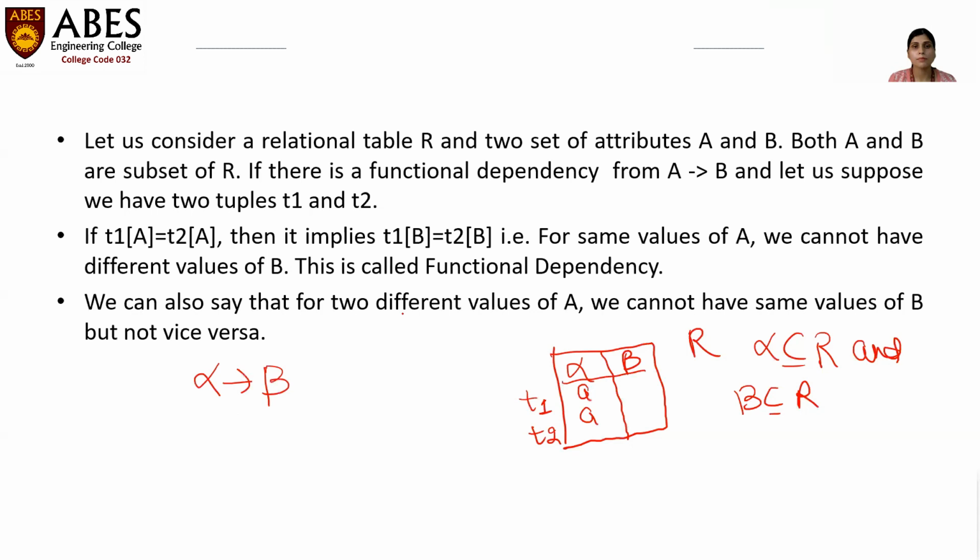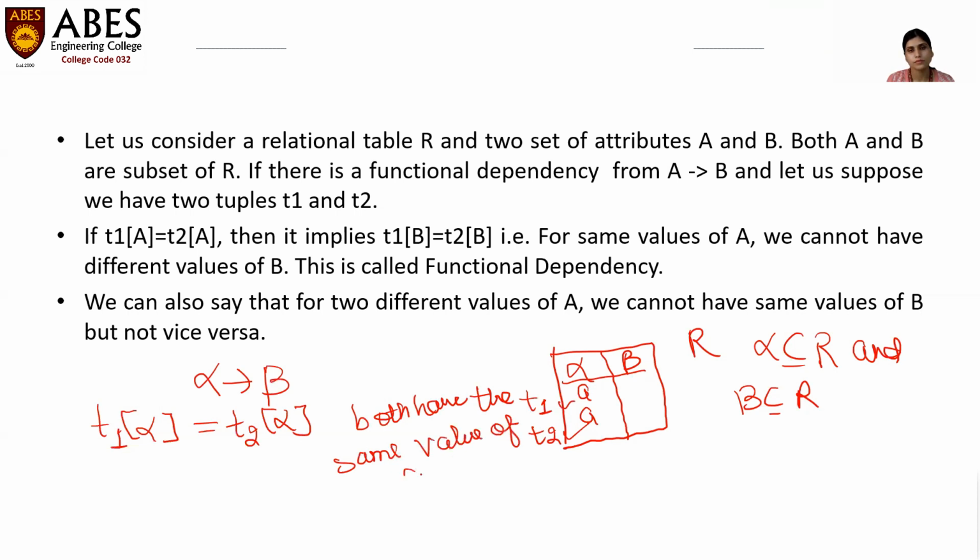So clearly the functional dependency definition says that if T1 of alpha is equal to T2 of alpha, here we can see that T1 of alpha and T2 of alpha both have the same value A.